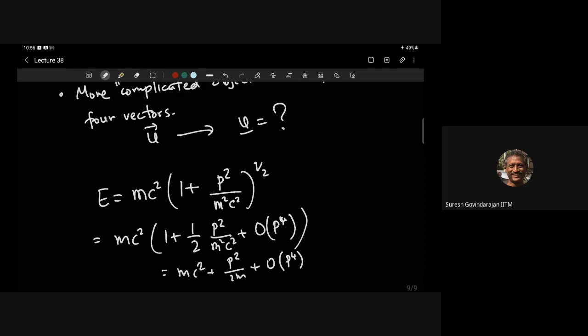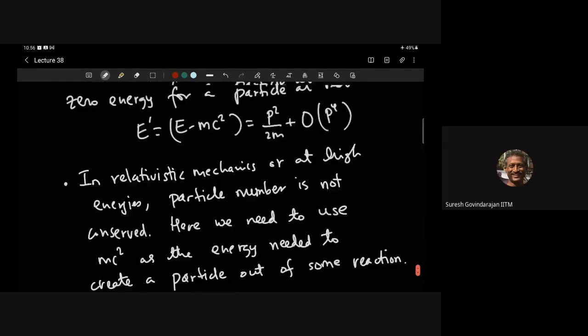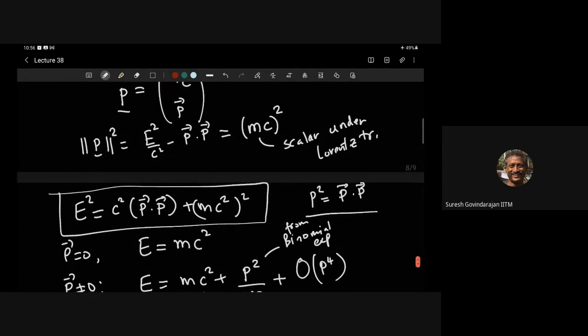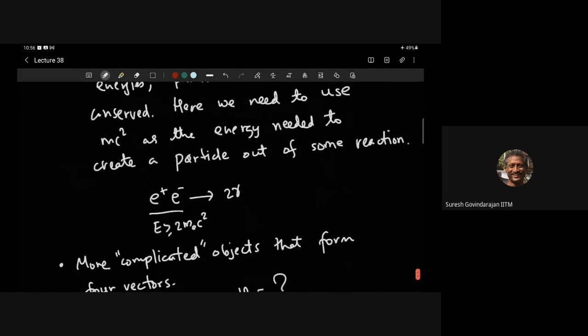Any other questions? How did we get norm of P equal to mc? So it has to be some constant. I'm just calling that constant mc whole square. That's the definition of m. But I'm showing you that that is equivalent to the mass.